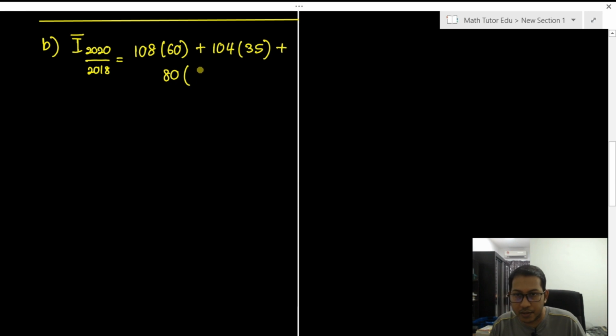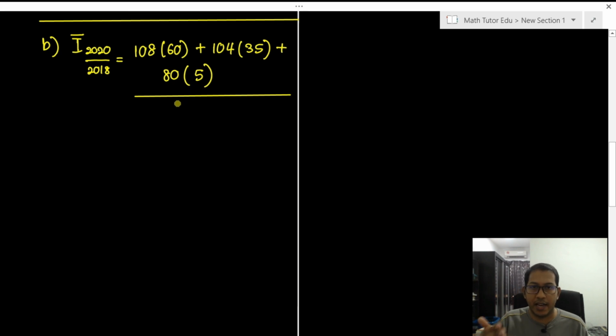times the weightage 5. Then you need to divide with the total weightage, which in this case is 100. Let me draw the line. So 60 plus 35 plus 5, you should get the total weightage of 100.